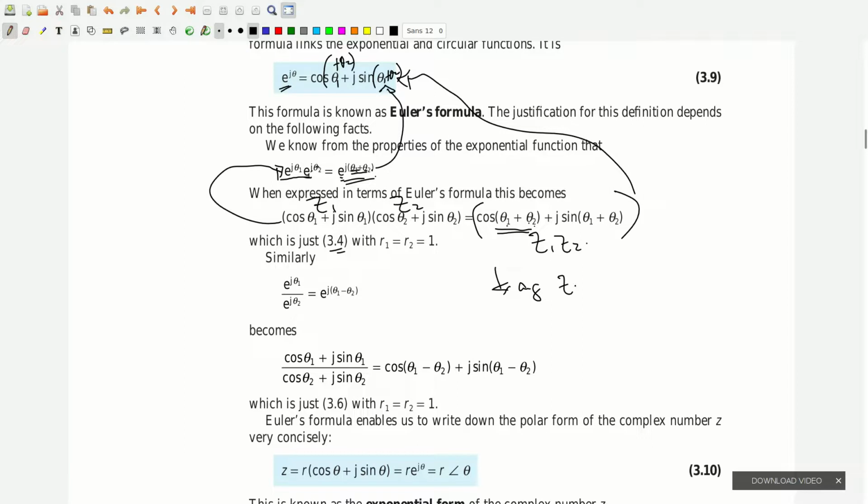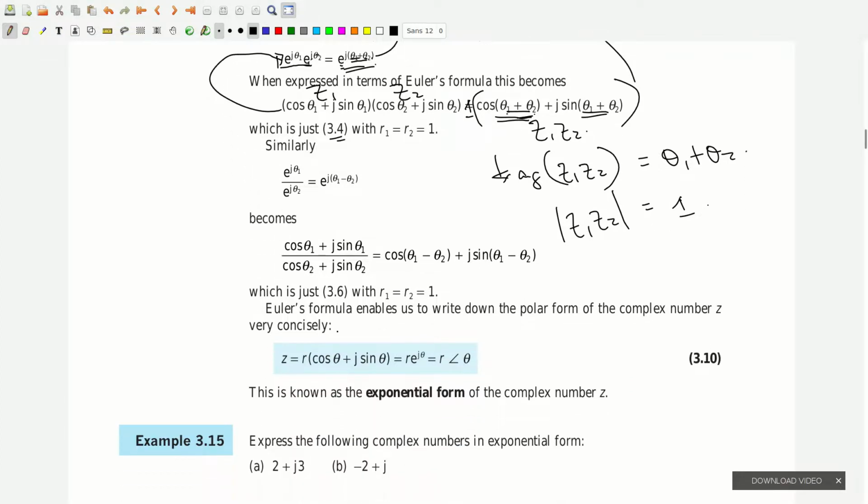The modulus of z1 z2 is just r, which is 1. They are saying r1 is 1, r2 is 1, so that is what we have here.